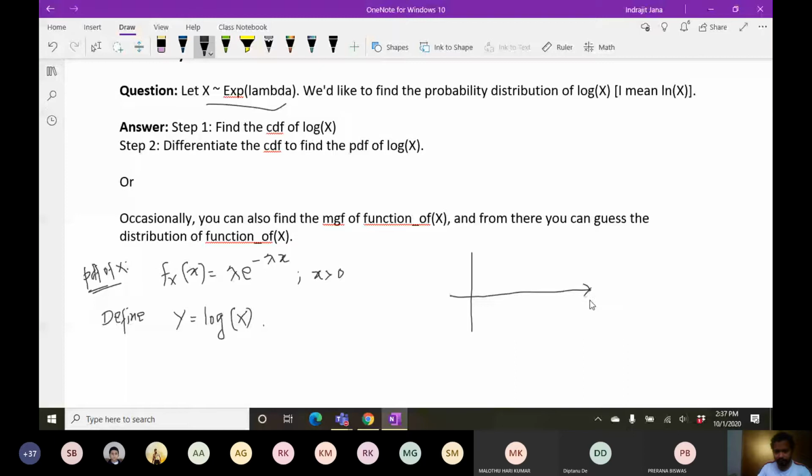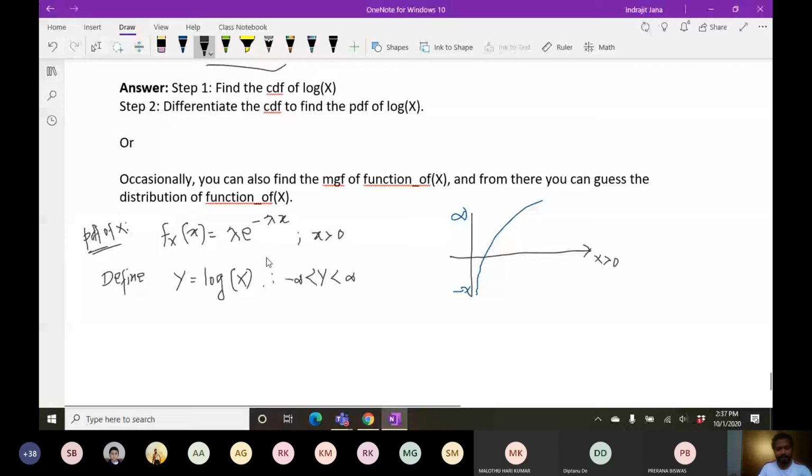But if you draw the graph of log x, it can go from negative infinity to positive infinity. So y is actually taking values between negative infinity and positive infinity, whereas x was from 0 to infinity only.